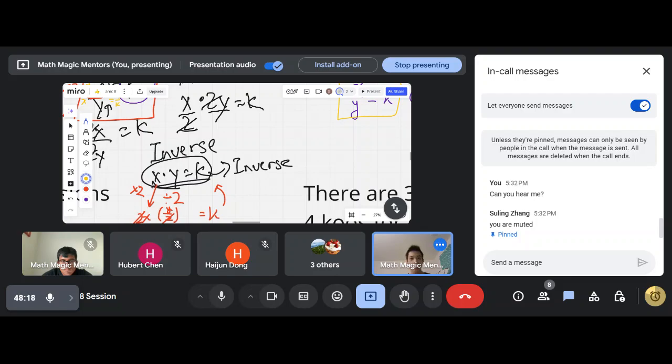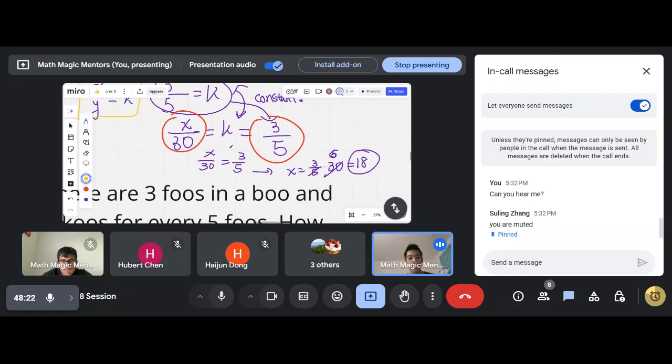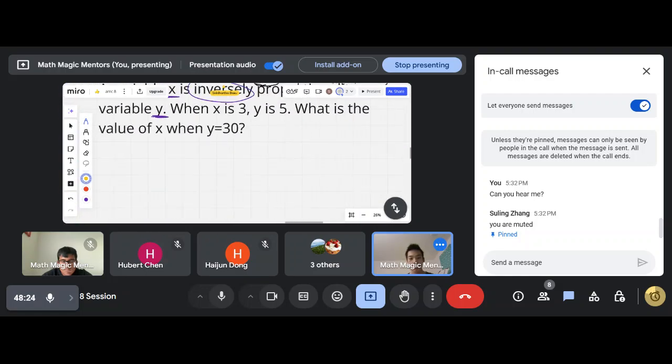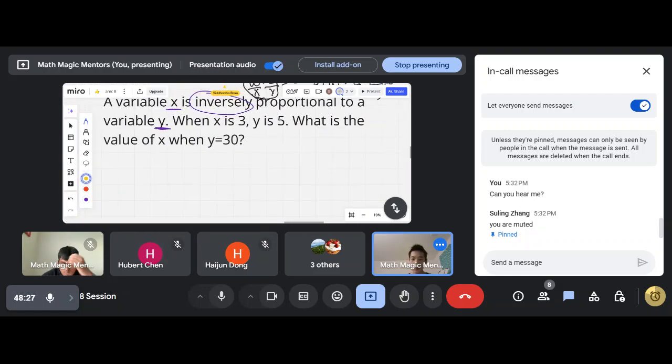It could change depending on the values of the other variables. But in this problem, we are only given that x and y are inversely proportional, so we can just say that x times y equals k. So we can write the general equation xy equals k for some constant k.